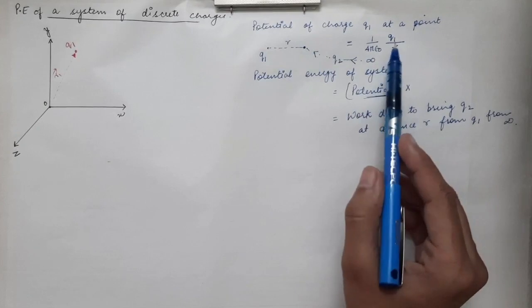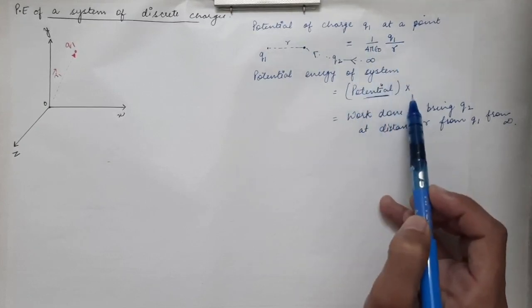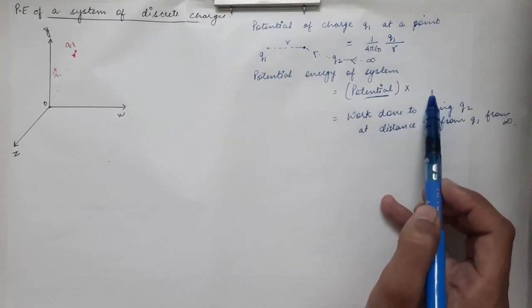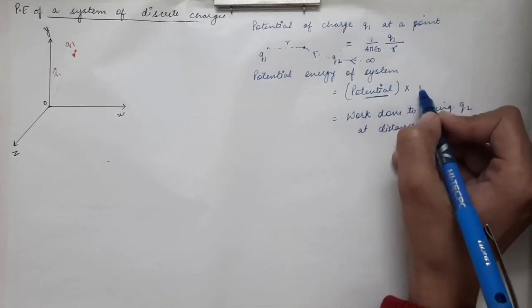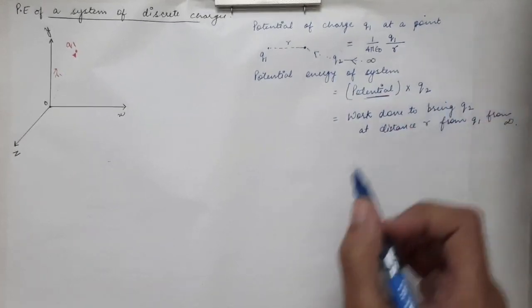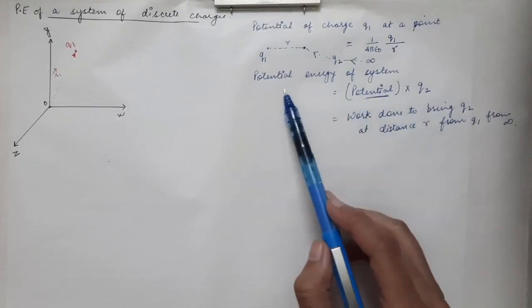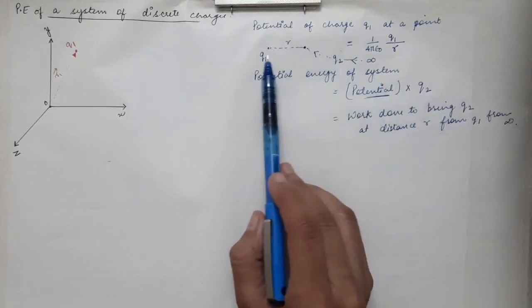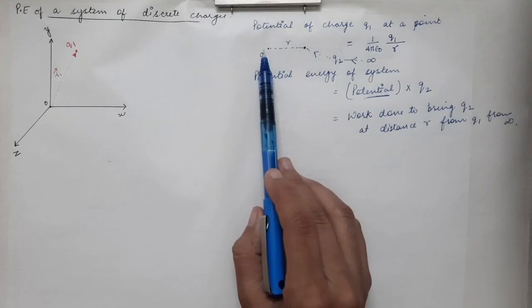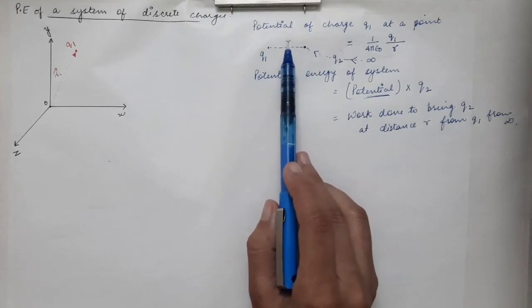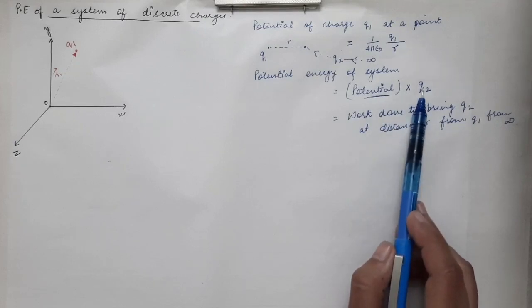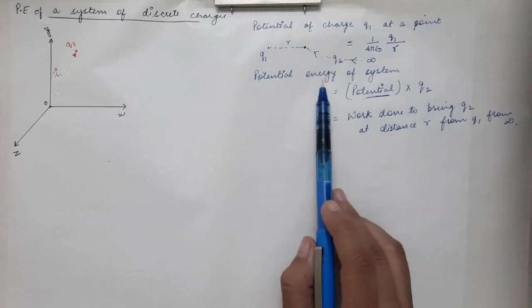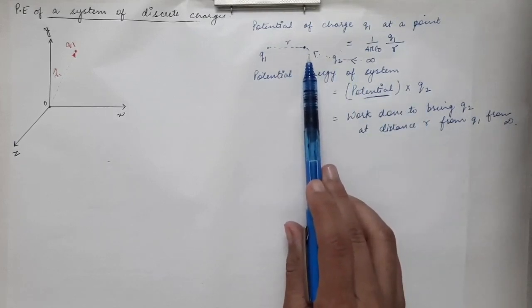So that is nothing but given by this formula into the magnitude of the test charge, and that is Q2. So potential into Q2 will give us the potential energy of this particular system in which we have Q1 and Q2 at a distance of small r.